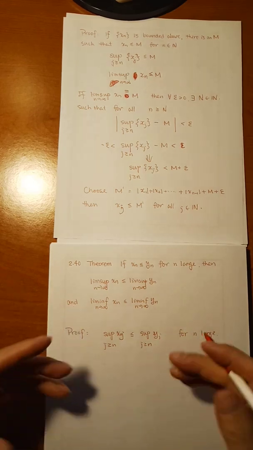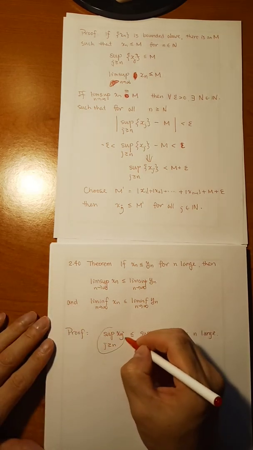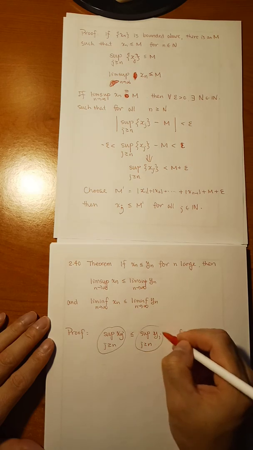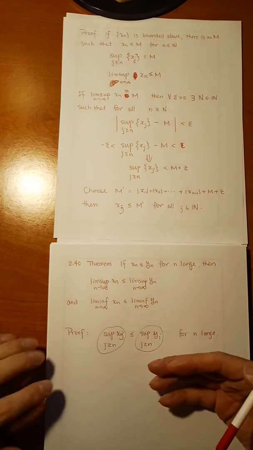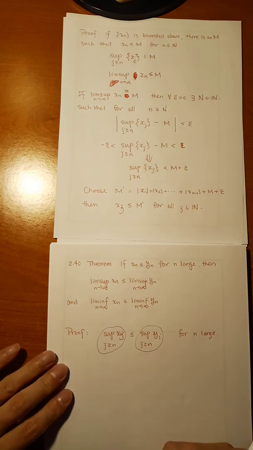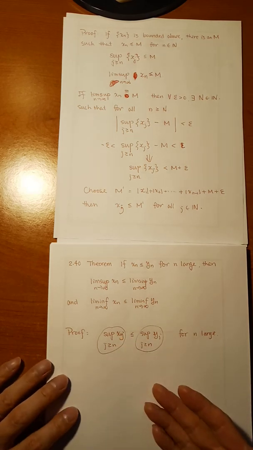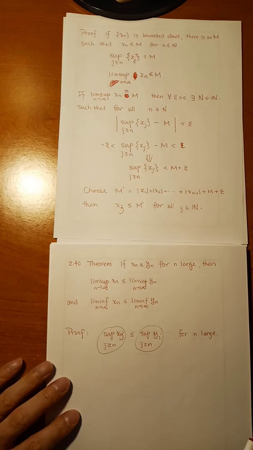And then you construct two new sequences, and they are decreasing. Then you apply the comparison test for sequences. This is a convergent sequence, or even convergent to negative infinity. It's okay.